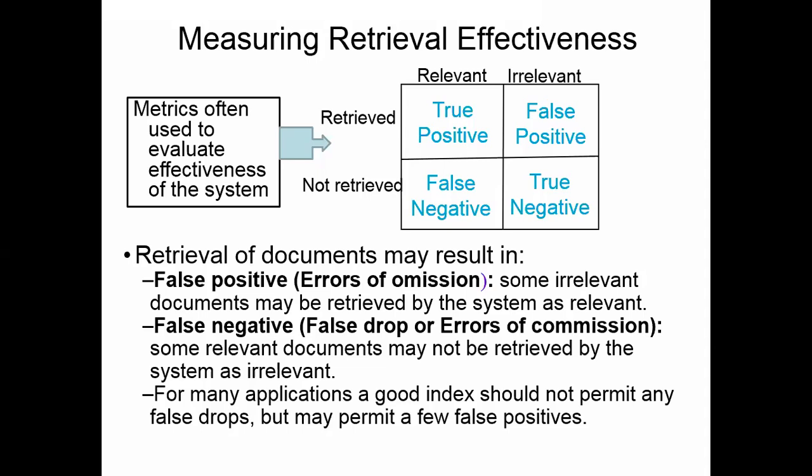The other problem is false positive. The document is actually irrelevant, but the system attempts to retrieve it as relevant. That means the query term is in that document, but even if it contains the query term, that document is irrelevant.